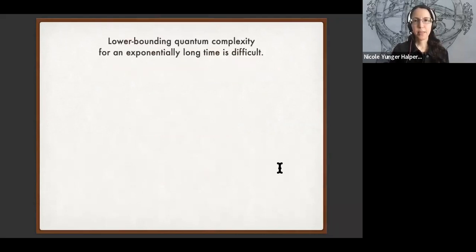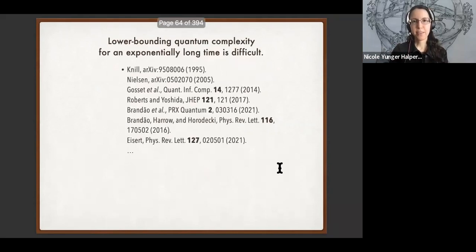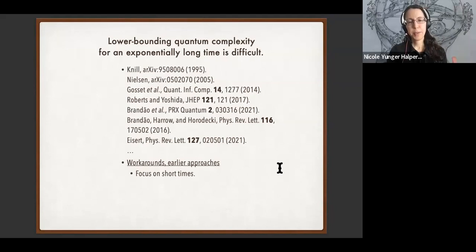Lower bounding the quantum complexity and how it evolves under random chaotic type evolutions for an exponentially long time is difficult. People have tried to tackle this problem over many years. They've tried a number of different approaches or used a number of mitigating strategies. People have sometimes focused on just short times instead of exponentially long times, or imagined that we have a global system of high dimensional subsystems rather than qubits.